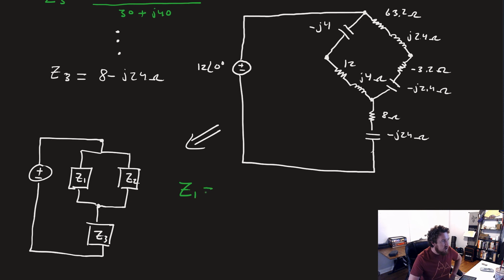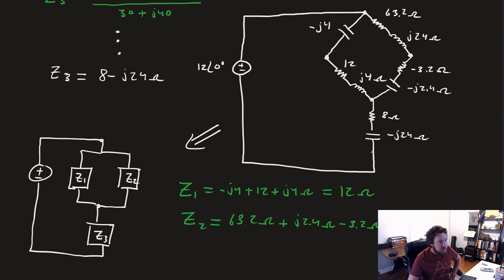So Z1 is just these guys in series, so minus J4 plus 12 plus J4 ohms. So that's going to give us just 12 ohms. Z2 is going to give us, what, 63.2 ohms plus J2.4 ohms minus 3.2 ohms minus J2.4 ohms.